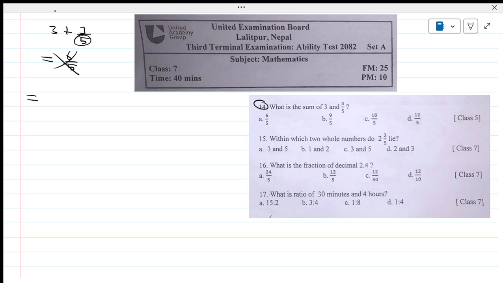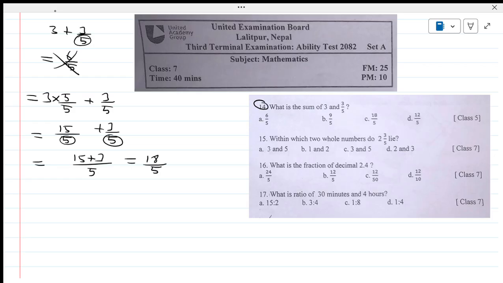You see 5 is the denominator, so in the whole number 3 also you can bring 5 in the denominator by multiplying and dividing by 5. Once we do that, we are almost done. So 3 5s are 15, by 5, plus 3 by 5, and now we get the same denominator. Only then can we add the numerators. So 15 plus 3, and we keep the same denominator a single time, so we get 18 divided by 5. So 18 by 5 you see here, C.